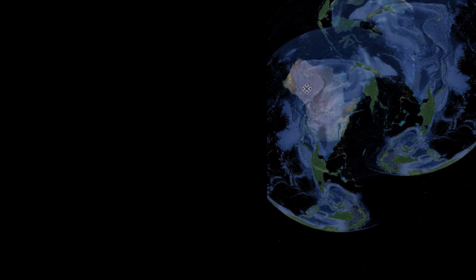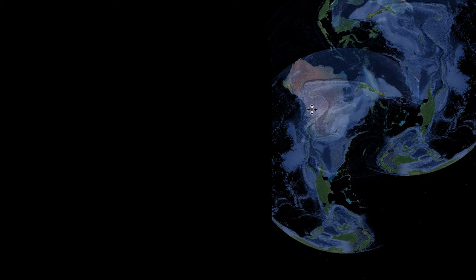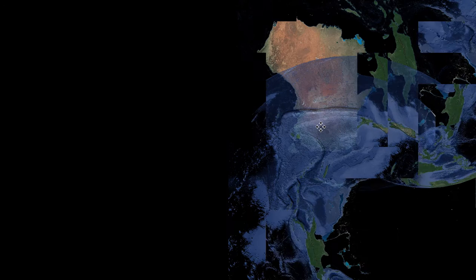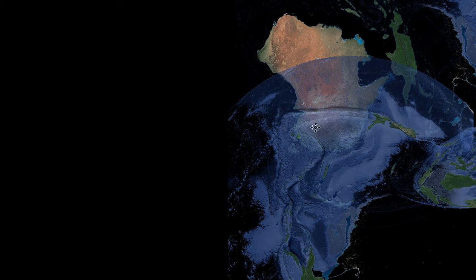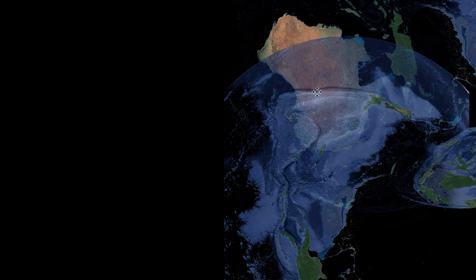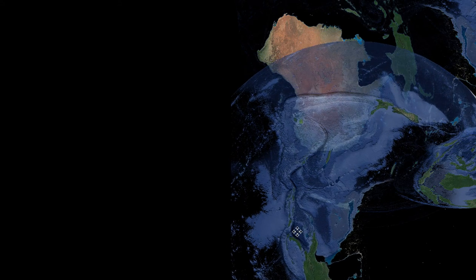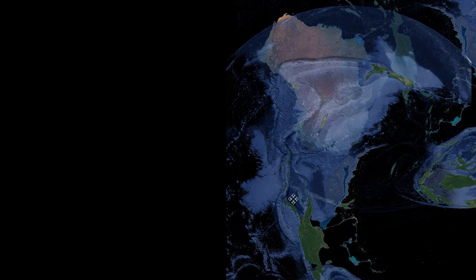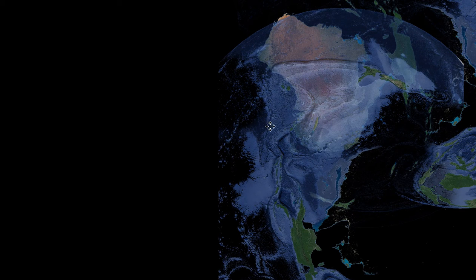You can see how this lips over. You see how it's the right size between here and there as this wraps around. And then because of the Coriolis effect, you can see that it goes out at an angle.